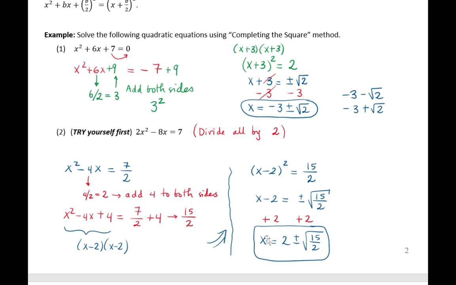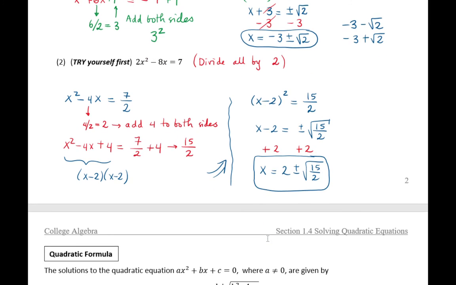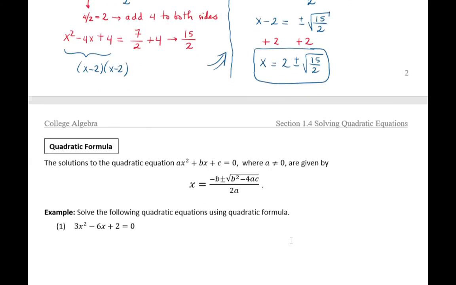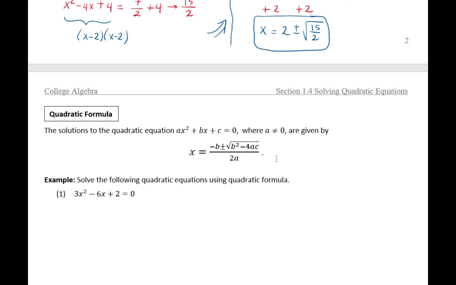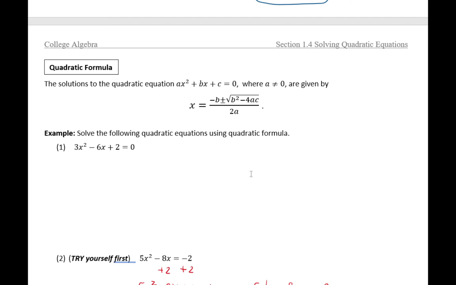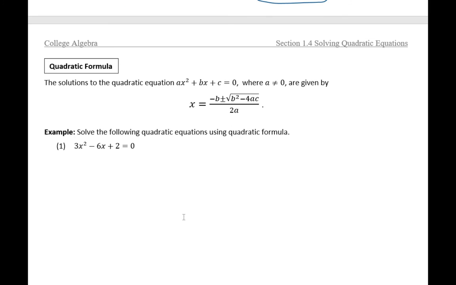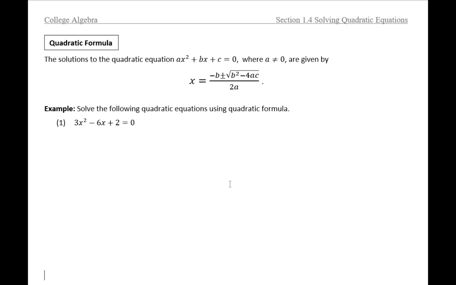Okay, that was the completing the square method, and now the famous method, the quadratic formula. It says if you set one side equal to 0 for a quadratic equation, then simply you can use the formula negative b plus or minus square root of b squared minus 4ac to solve that equation.